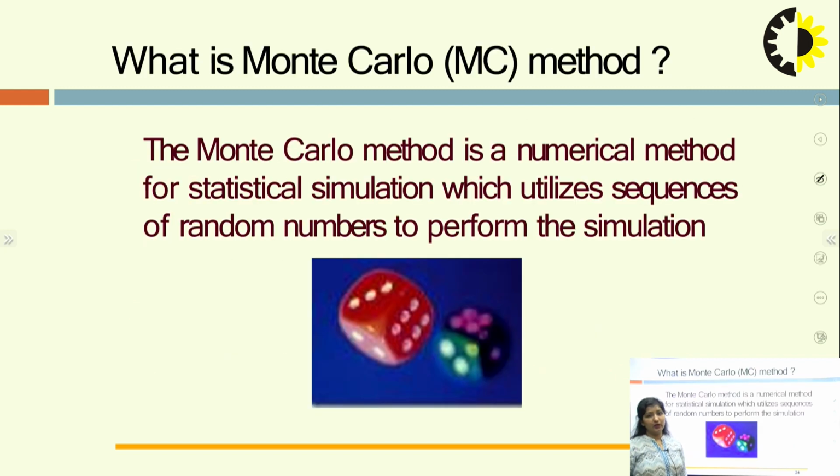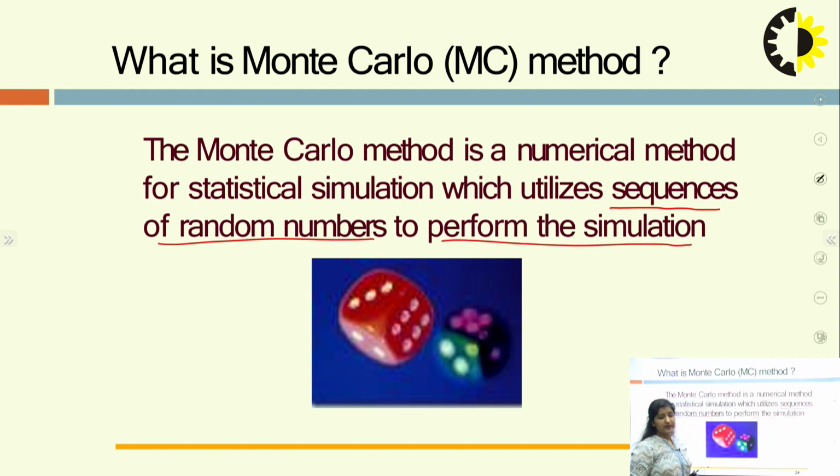Next comes the Monte Carlo method. This is the same for risk as well. This is the simulation method for calculating the risk. It is a numerical method for statistical simulation and it utilizes sequences of random numbers to perform the simulation.